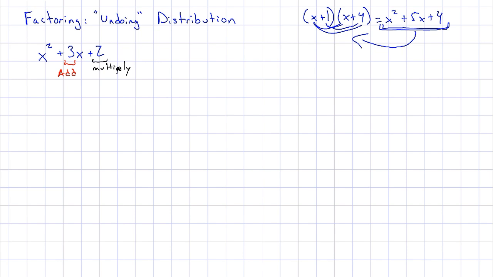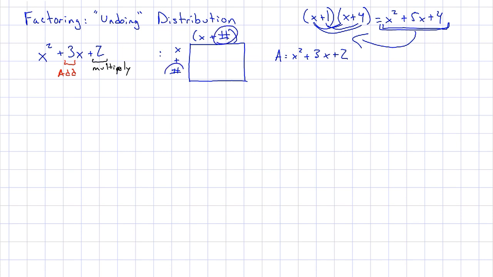But what we're doing, let's visualize it, is we're pretending that we have a rectangle, and this rectangle has length x plus some number, and width x plus some number. And so this is what we're doing. We're saying, well, if I had a rectangle and the area of this rectangle is x squared plus 3x plus 2, then what are these two numbers?